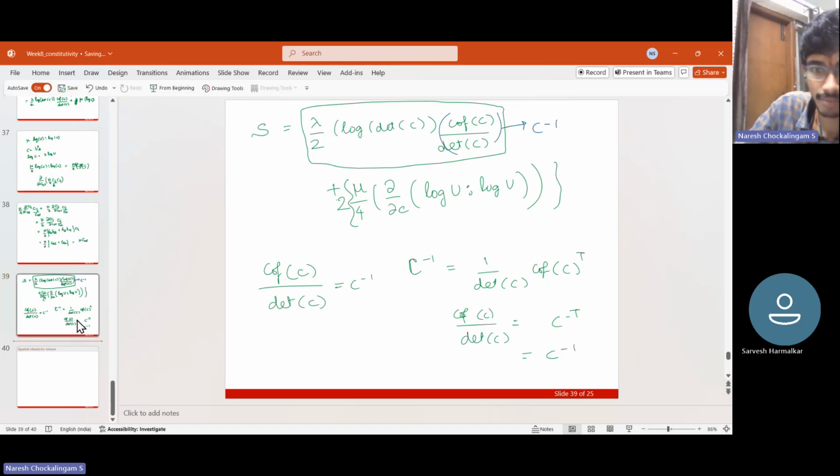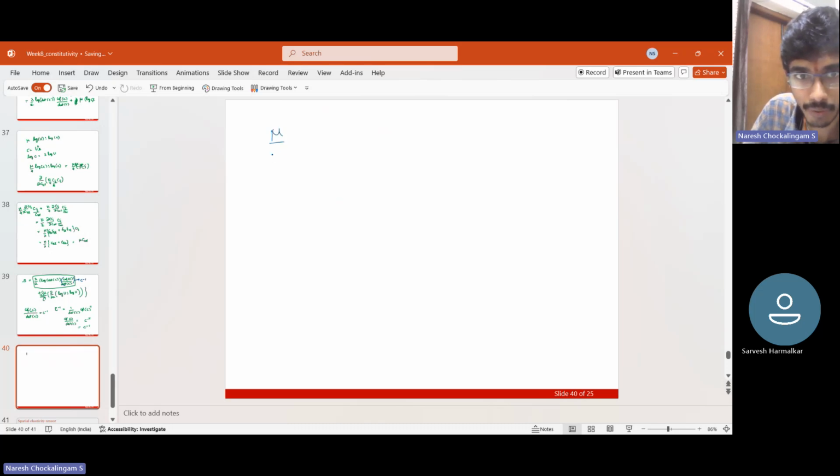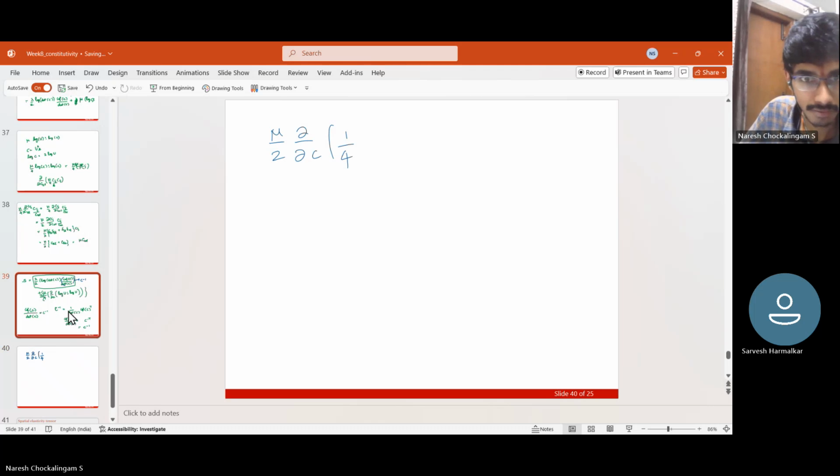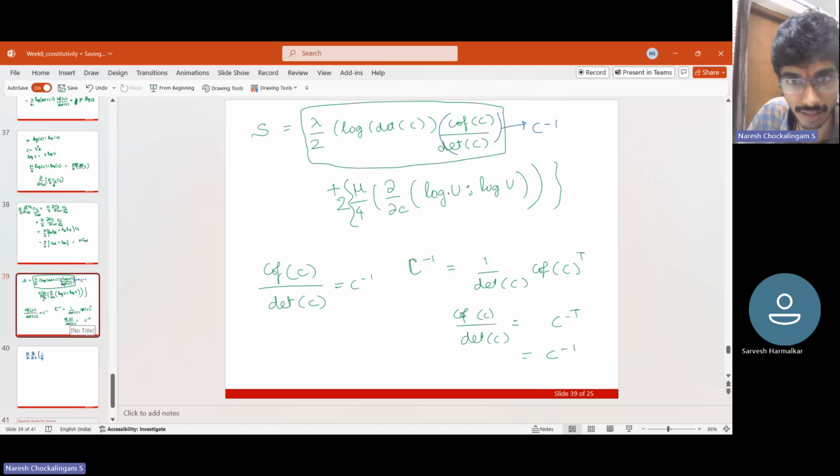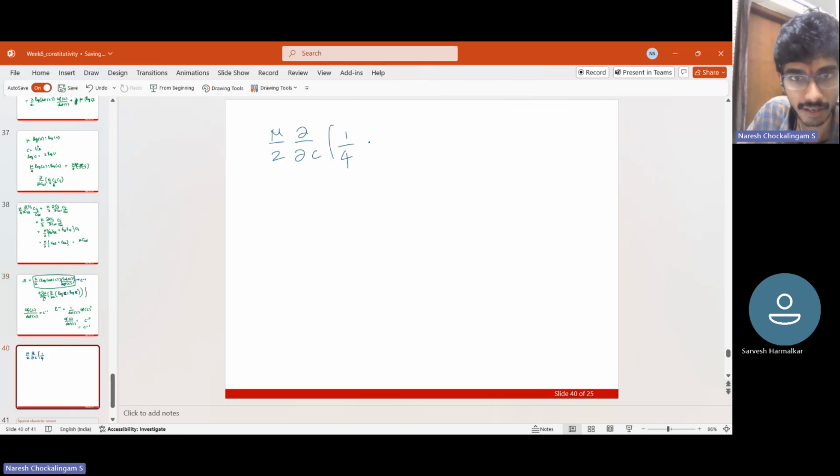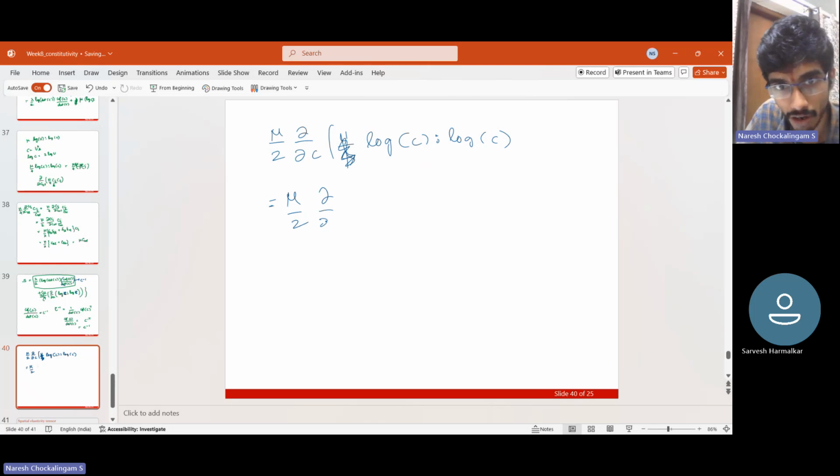Now look at the second term. What do I have? I have a mu by 2 dou by dou C of log U inner product log U. Sorry, this is already log C inner product log C, because I have made this mu by 4 here. So this is log C inner product with log C. And this is nothing but mu by 2 dou by dou C of log Cij log Cij.